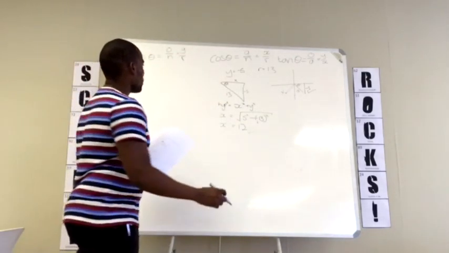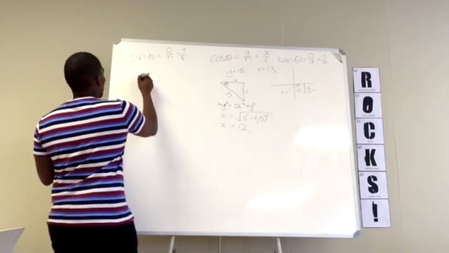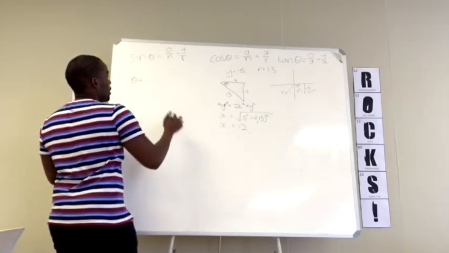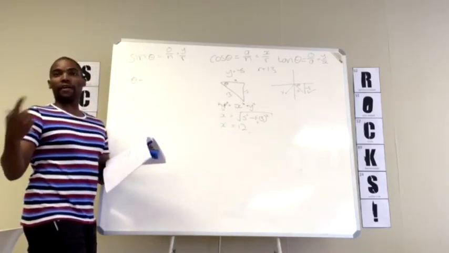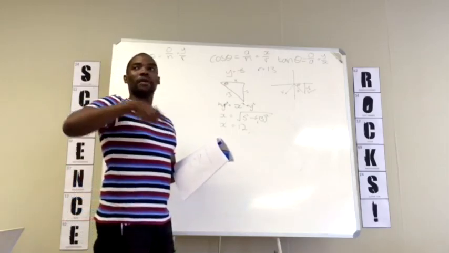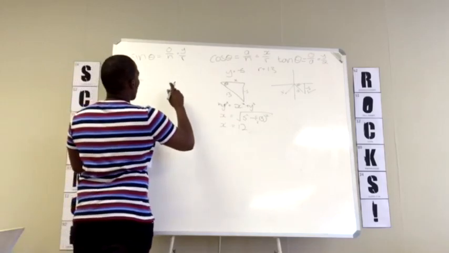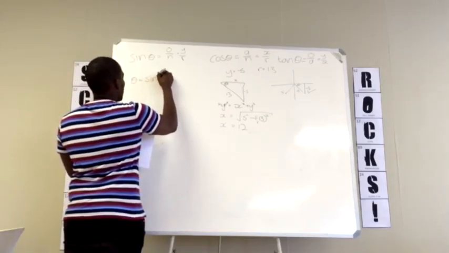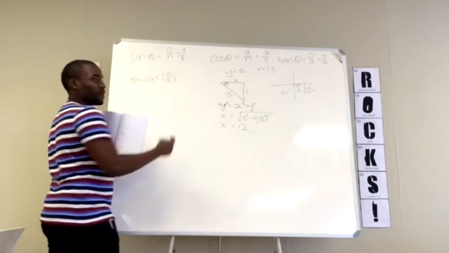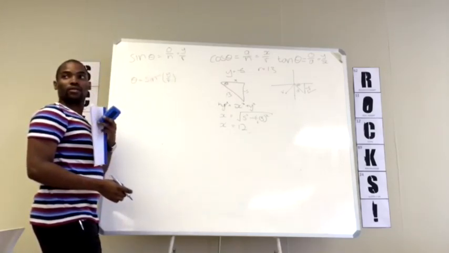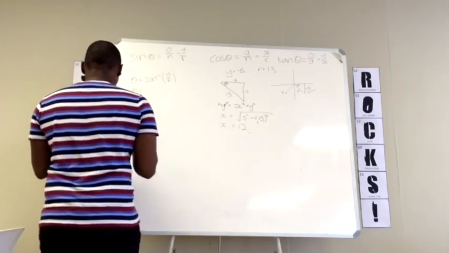So now we can just say theta is equal to, we could use tan, but I would rather not use the values that they gave us, so that if I make a mistake in the previous question, it doesn't affect my next question. So I go, theta is equal to the inverse sine of my y over r, that would be my angle theta. Yes?